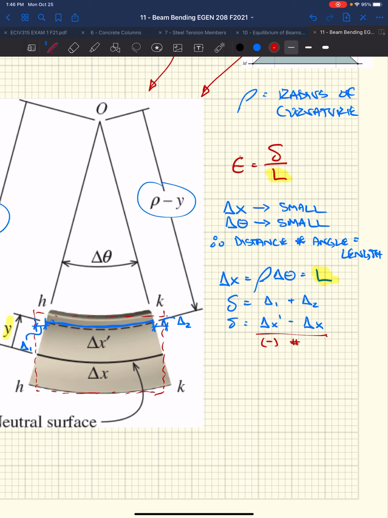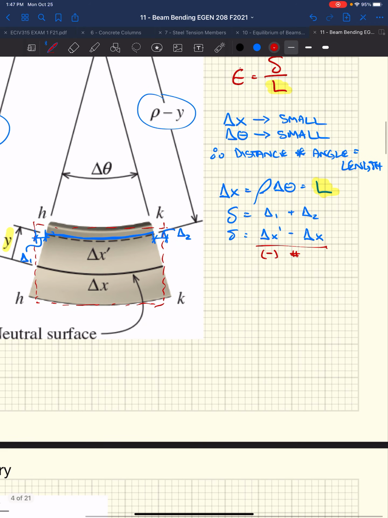If you remember, change in length over overall length, the change in length is getting smaller, so it needs to be negative. So we use the smaller minus the larger. So we can now plug things in, knowing our small angle relationship.